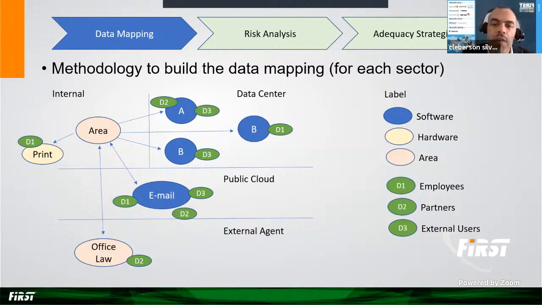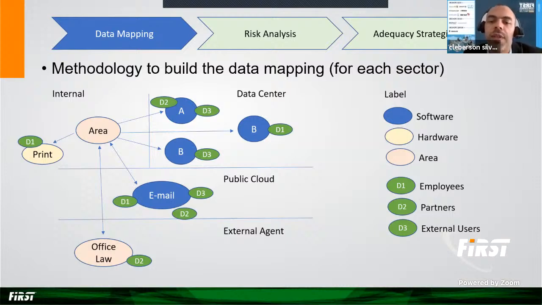In this example, we have three internal systems inside the data center: system A, system B, system C. The corporate email is stored in the public cloud, and there is also an external agent, and here we have the office law.